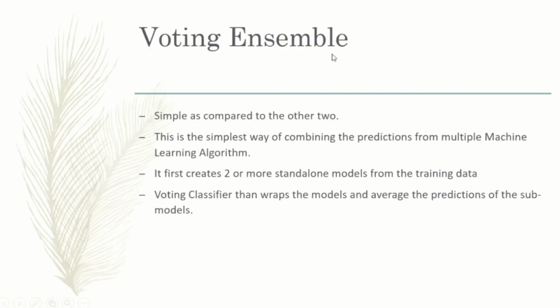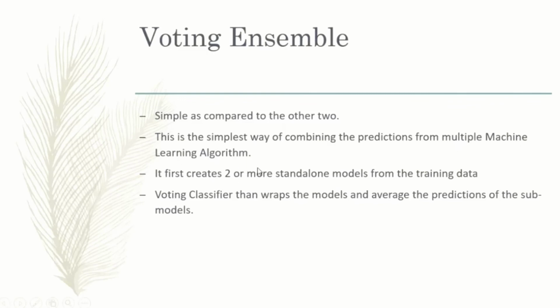Last is the voting ensemble. This is very simple. This is the basis of how bagging and boosting work. It simply combines the predictions from multiple machine learning models from your data, creating two or more standalone models from training data.